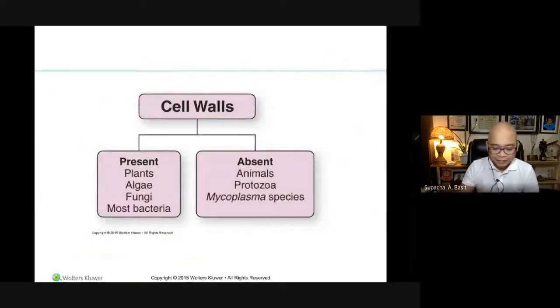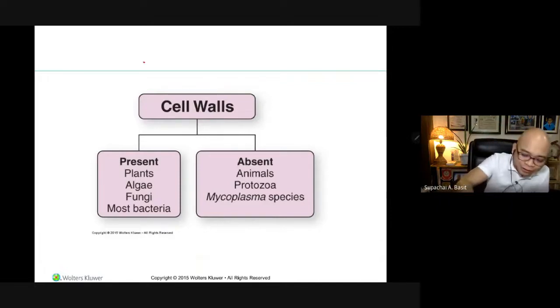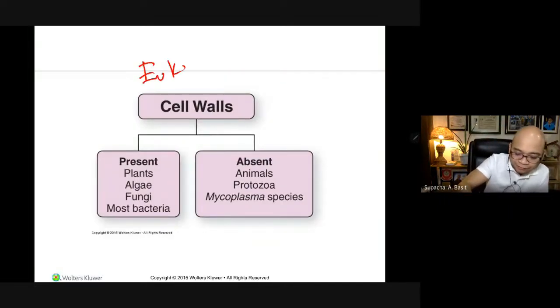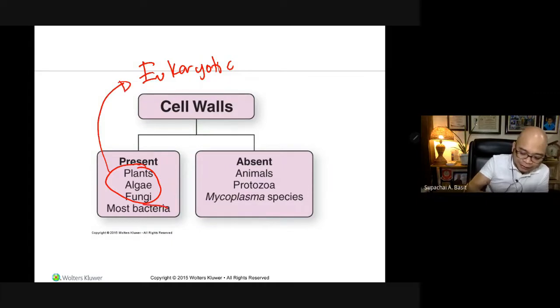Take note that bacteria are examples of prokaryotic cells.